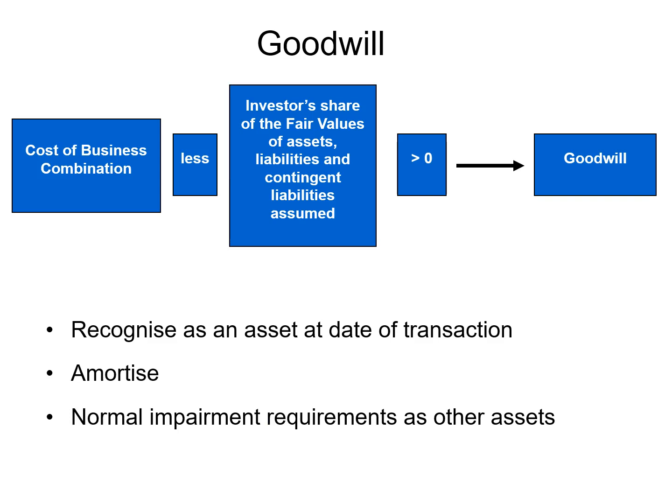So where I do have goodwill arising on the transaction, then the standard says to me, recognize the goodwill as an asset at the transaction date. I'm required to amortize it over its useful life to me, so I'll need to estimate how long that might be. And I'll be required to test that goodwill for impairment where there are any indicators of impairment, the same way that I would for any other assets on my books.